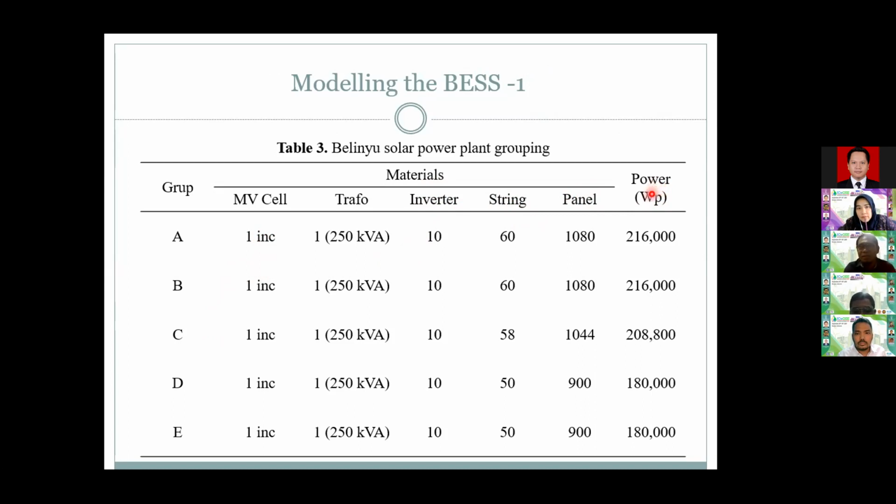Groups A and B can generate approximately 200 kilowatt peak. Group C can generate around 200 kilowatt peak, and groups D and E can generate about 180 kilowatt peak.